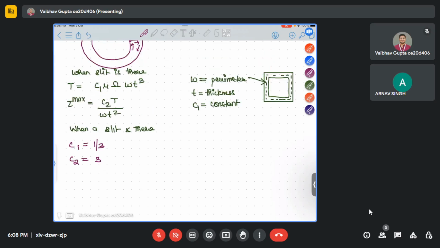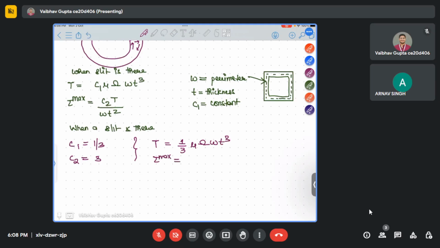So your formula will come like that only. T will be equal to 1 by 3 mu omega W T cube and tau max will be 3 T upon W T square.